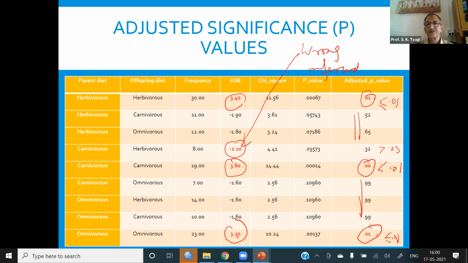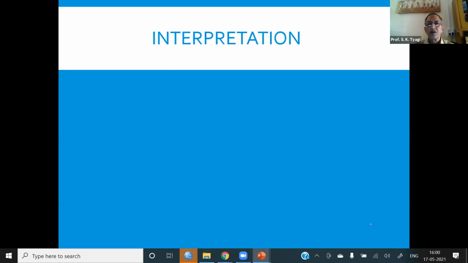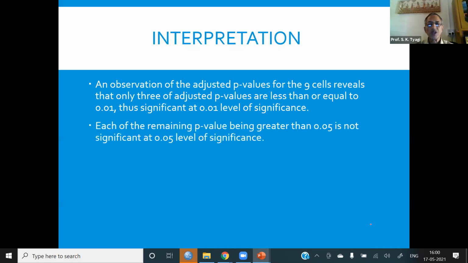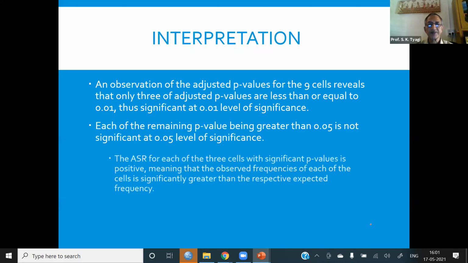Now let us see how this will be interpreted. Interpretation: an observation of the adjusted p-values for the 9 cells revealed that only 3 adjusted p-values are less than or equal to 0.01, thus significant at 0.01 level of significance. Each of the remaining p-values, being greater than 0.05, is not significant at 0.05 level.